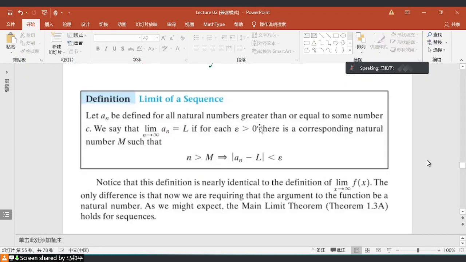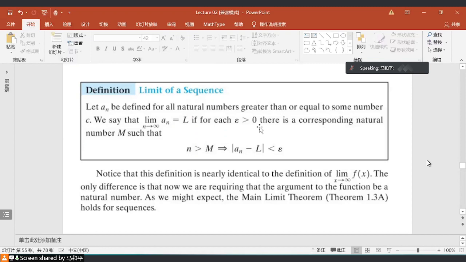The next definition gives meaning to this idea of the limit of a sequence. This is a special function, right? Let a_n be defined for all natural numbers greater than or equal to some number c.